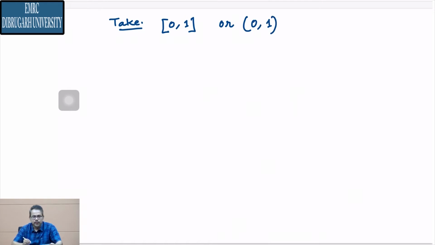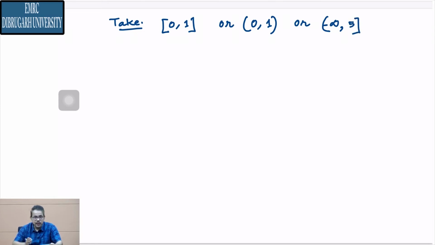Take another example, the interval 0 1, or the 0 1 open interval, or the interval from minus infinity to 5.